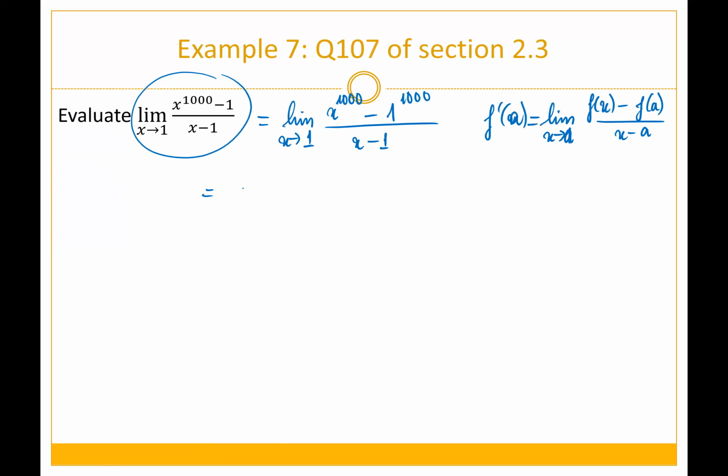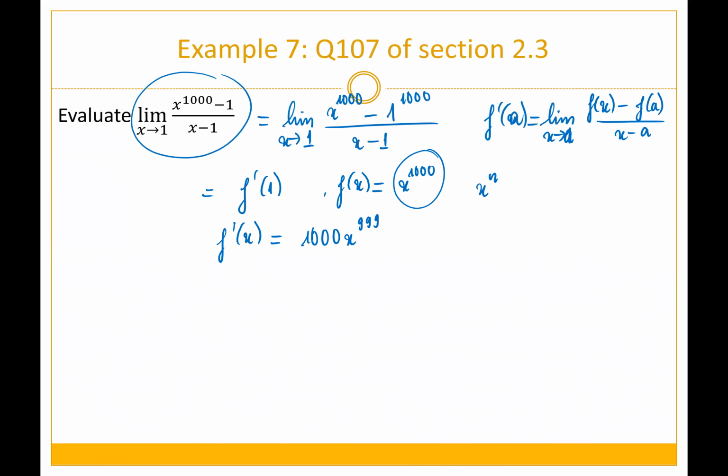Therefore, I can conclude that it's f prime of 1 with f(x) equal to x to the 1,000. Now, we just learned how to take the derivative of x to the n. So we have f prime of x is 1,000 x to the 999.